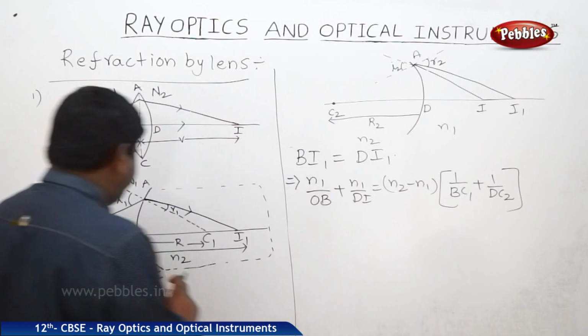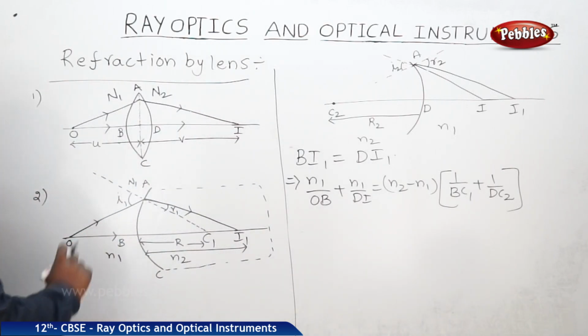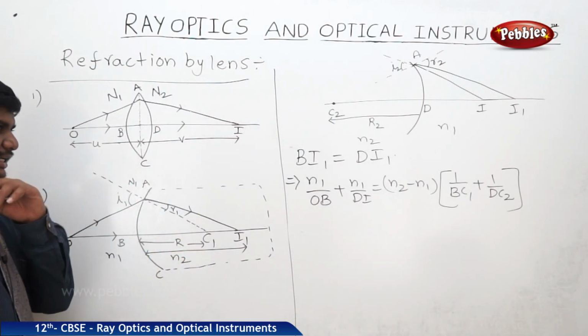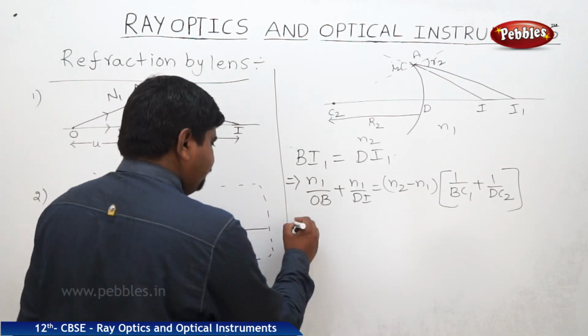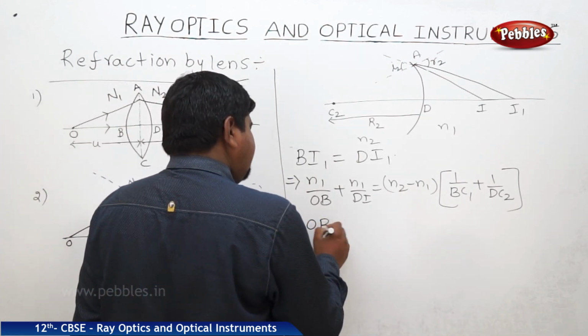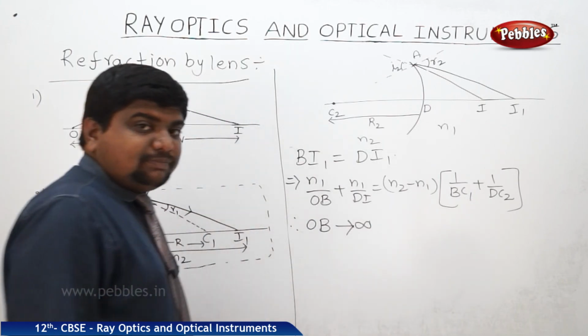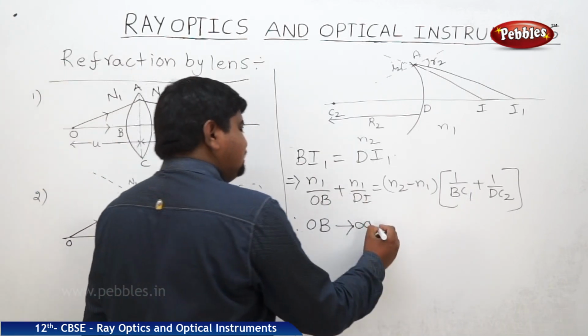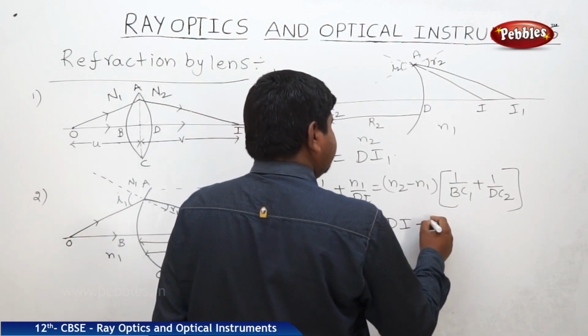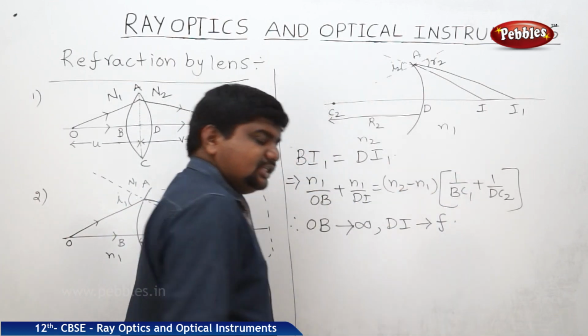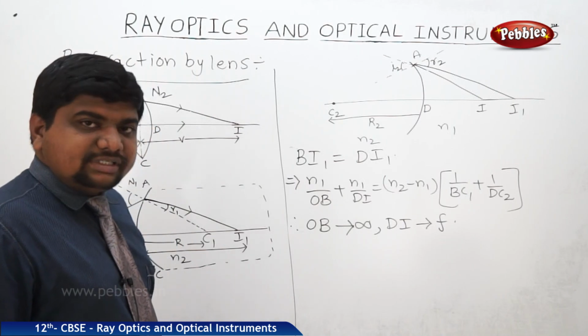Suppose, what is OB? Distance of the object. What is DI? Distance of the image. So what can we write? If OB is tending to infinity, meaning the object is placed at infinity, the image will form at the focal length. We know this as a ray diagram rule in lenses.